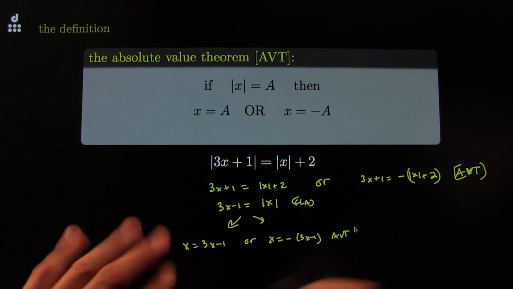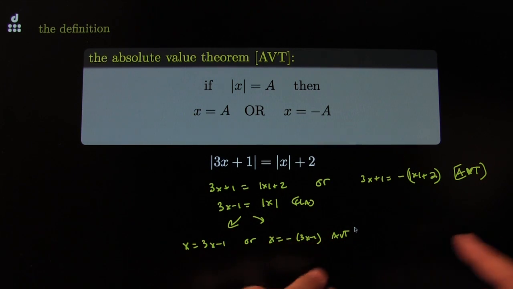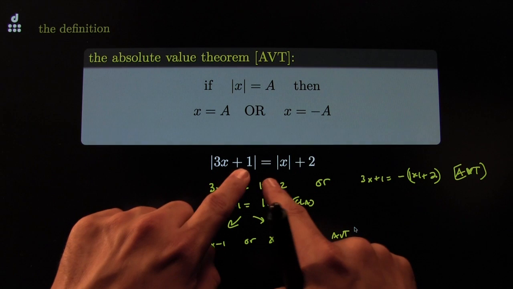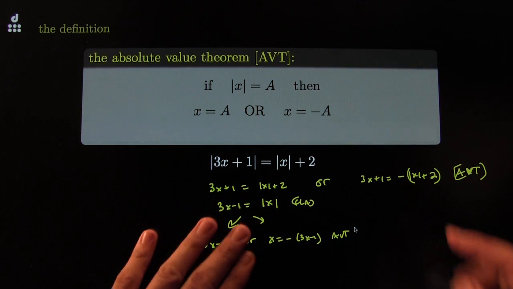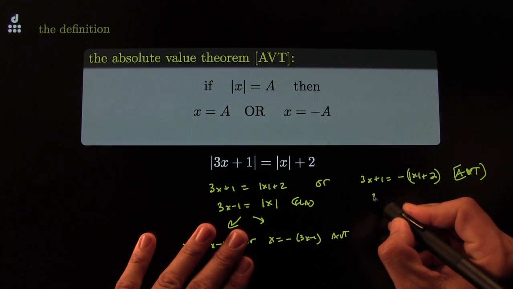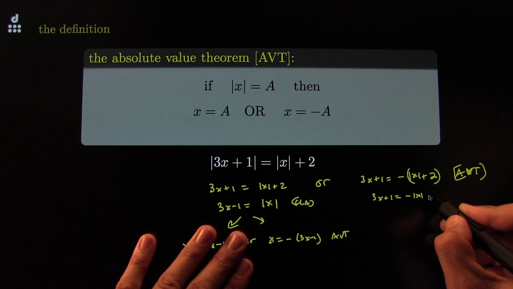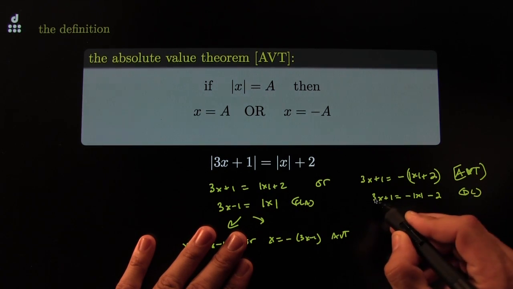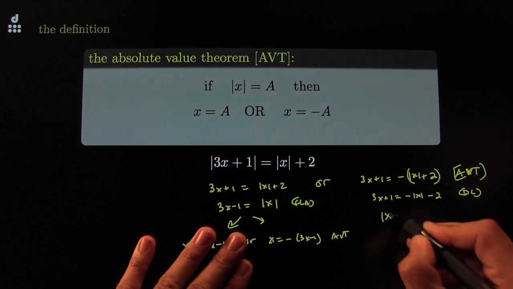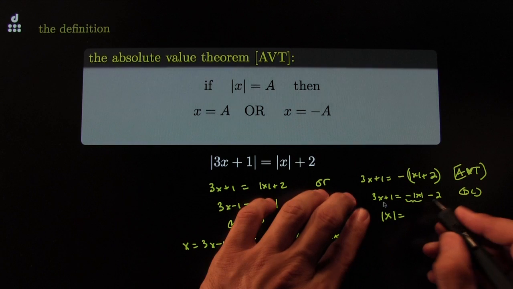Again, the AVT. And so this one would also do the same. It would break up into two pieces. Because you have two absolute values, this will break up into 4 pieces, and you'll have 4 possible choices. Let me elaborate on that. This gives you 3x plus 1 is equal to negative the absolute value of x plus 2. This is just by distributive law. I'll move the x over here and this over here, so I get the absolute value of x is, this piece got moved to the left side, everything else gets moved to the right hand side.